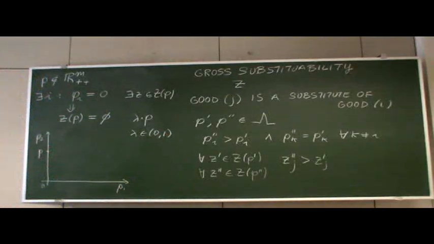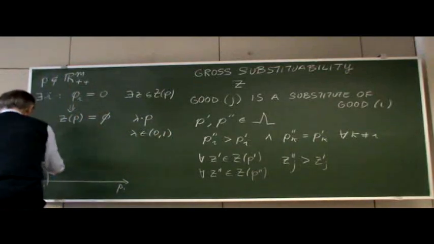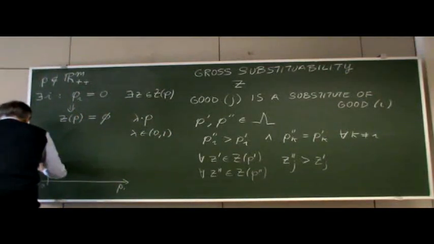In other terms, when you pass from P to lambda times P, you are reducing proportionally all the components of P.